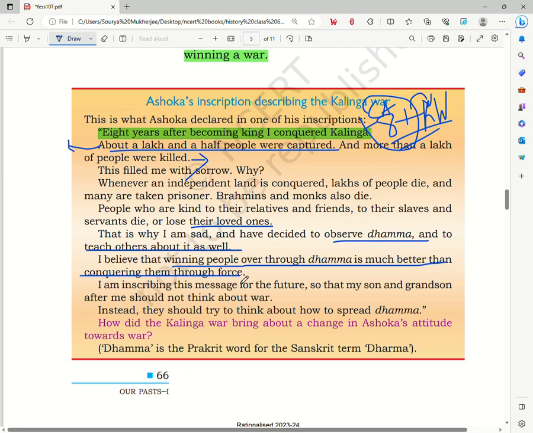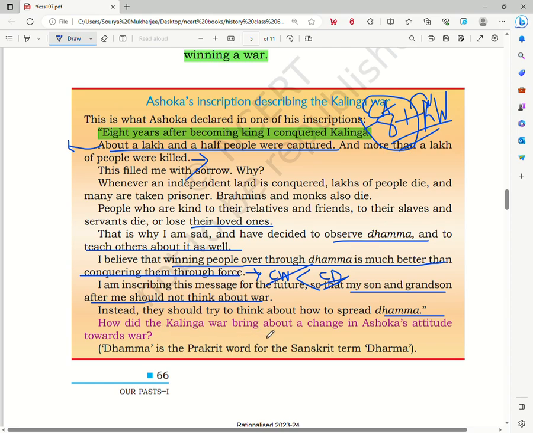Just now we talked about this part, that he gave up conquest through war and started the conquest through Dhamma. So conquest through Dhamma was given more importance and conquest through war was given up. "I am inscribing this message for the future, so that my son and grandson after me should not think about war. Instead, they should try to think about how to spread Dhamma."